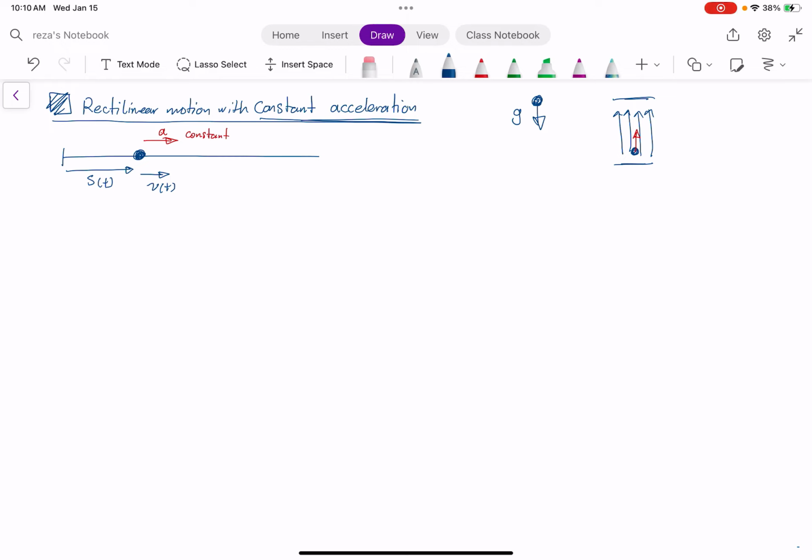So the beginning and end is usually a constant acceleration motion. Let me draw a cartoon, a robot like this moving.